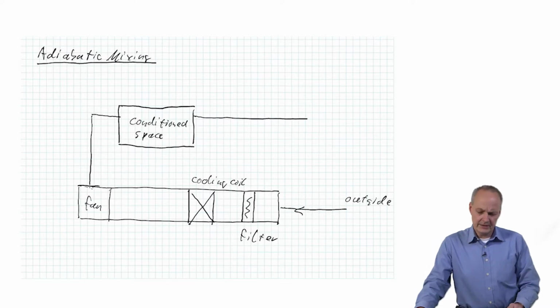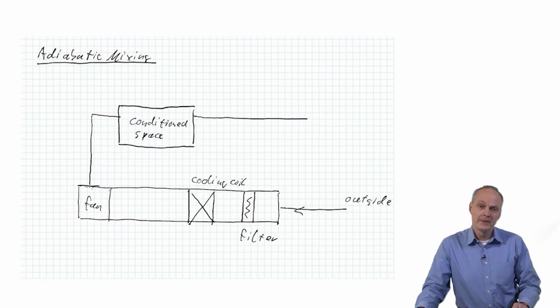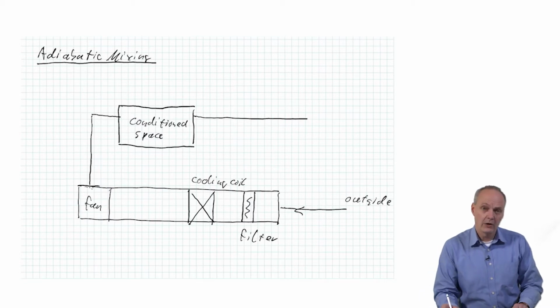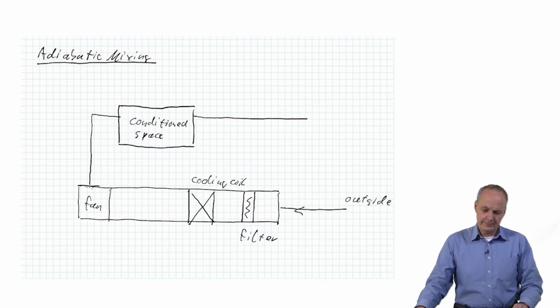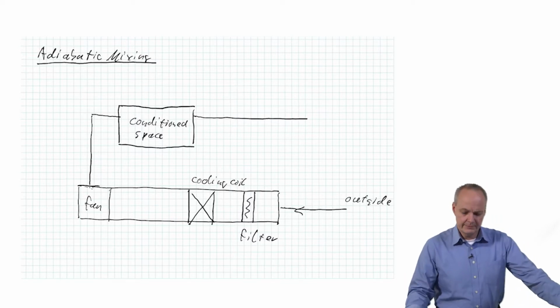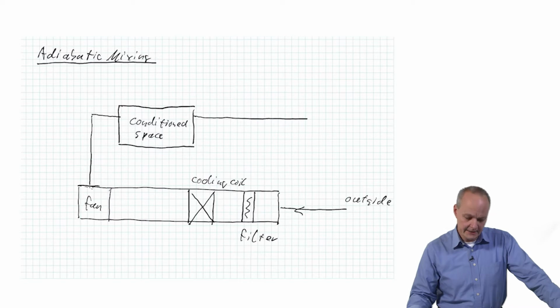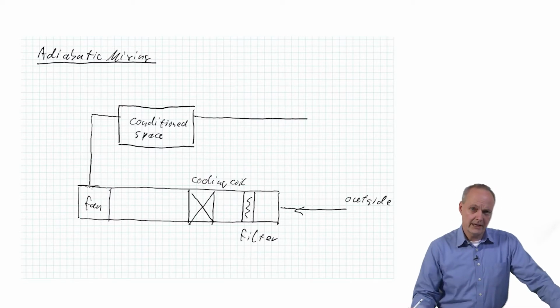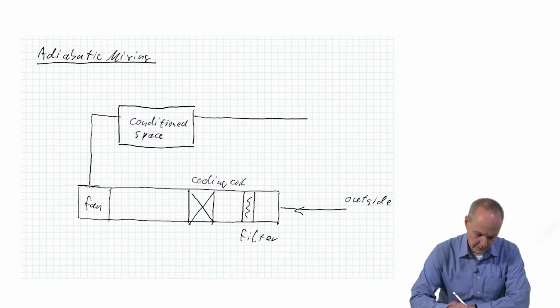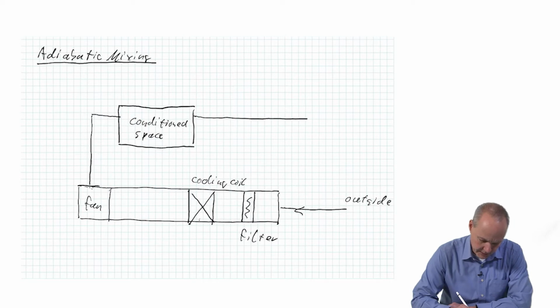And as we discussed in class, let's say this is a summer air conditioning situation. We bring in air from the outside, which may be at a dry bulb temperature of 90 degrees Fahrenheit. We want to cool it down and remove humidity. So what we would have is we remove heat from it.